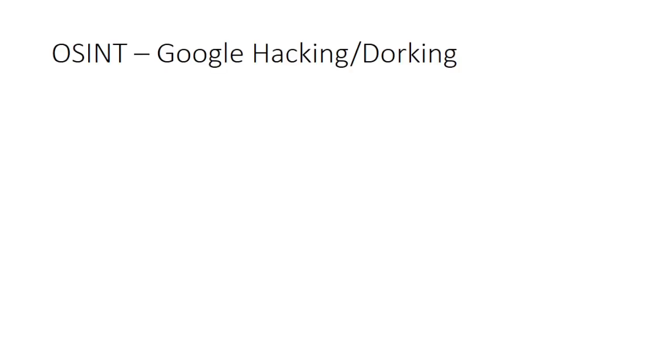Another thing that we can use for content discovery is OSINT, and more specifically here would be Google Hacking or Google Dorking. There are external sources available that can help in discovering information about our target, and these resources are often referred to as OSINT, or open source intelligence, as they are freely available tools that can collect information.